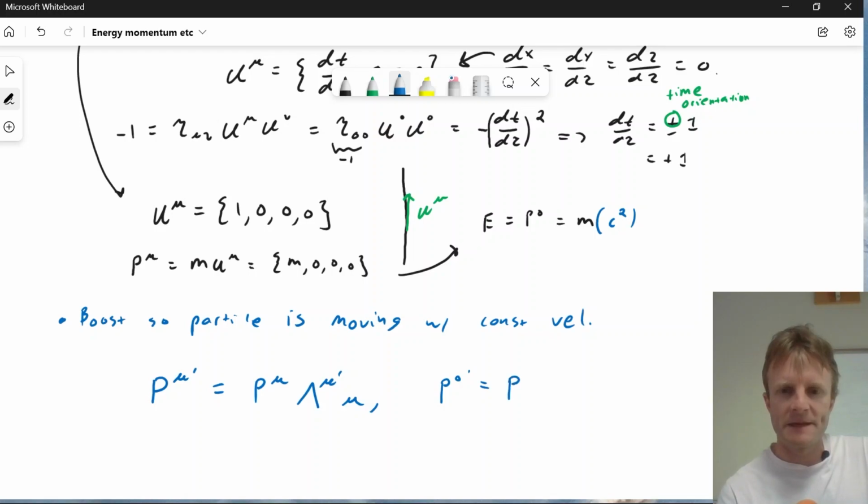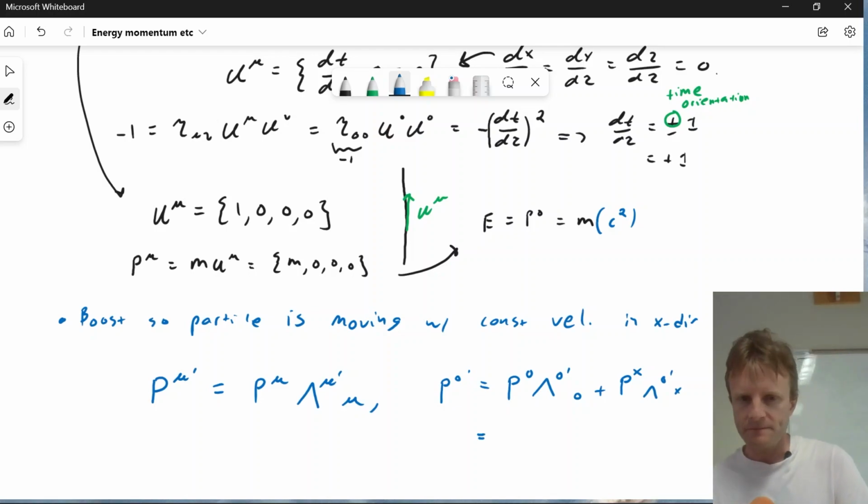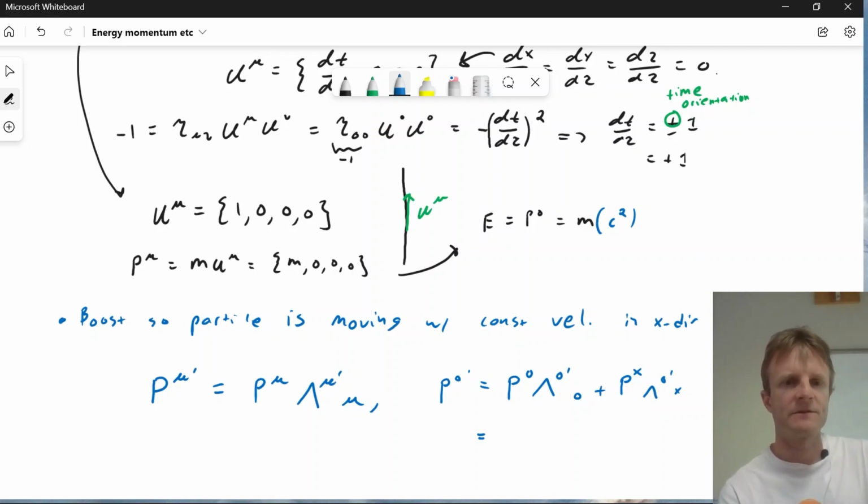So that'll be p^0 Λ^0'_0 plus p^x Λ^0'_x, and let's boost in the x direction. Now p^0 was m. So this is the old frame. So that'll be m. And let's look at Λ^0'_0.